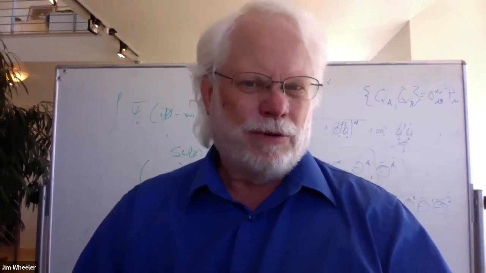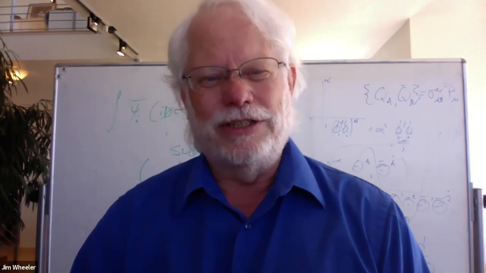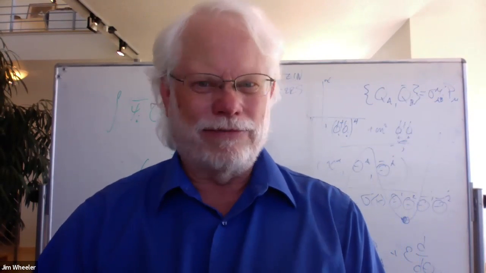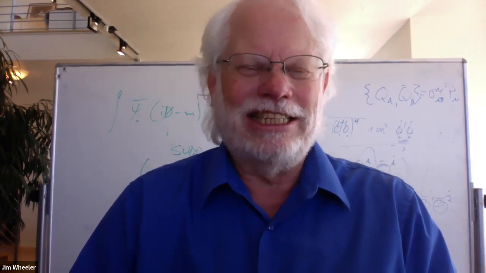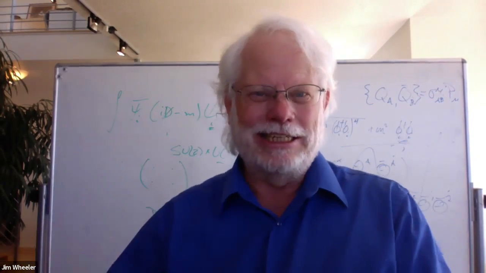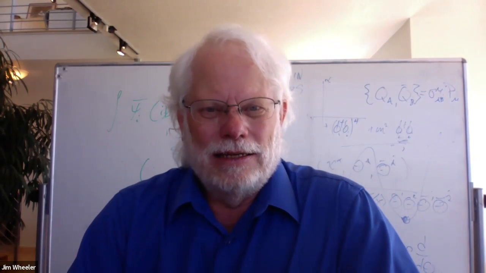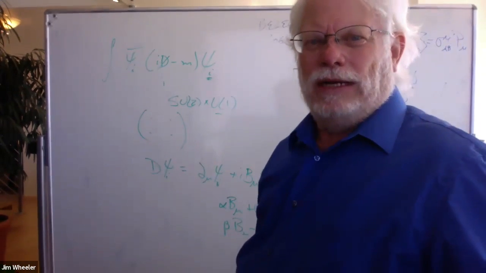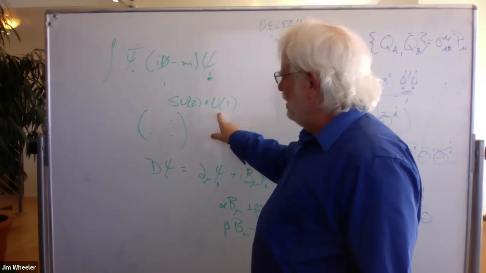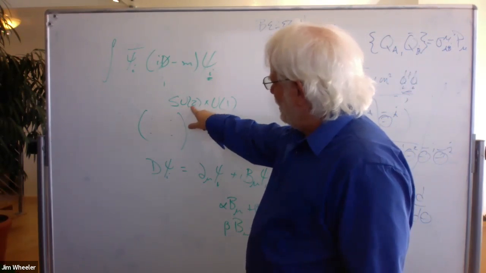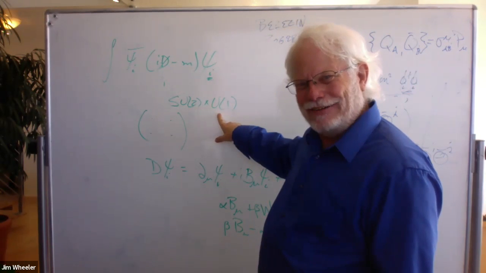So you pretty much start with a bunch of Dirac fields, and you introduce every sort of interaction you can think of, and you look and see which ones actually exist. Well, this one exists. And when people talk about SU2 cross U1, that is not the weak interaction. That's not the electromagnetic interaction.